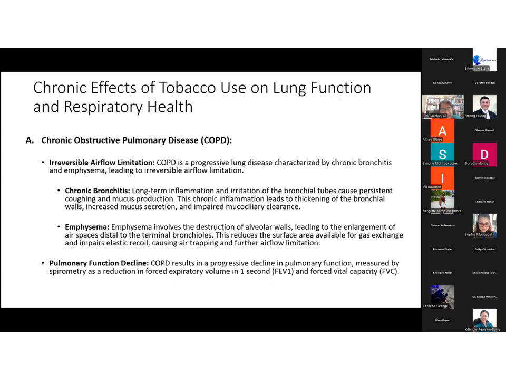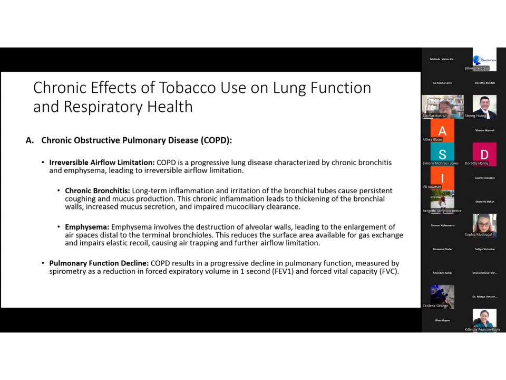Chronic bronchitis is long-term inflammation and irritation of the bronchial trees, causing persistent coughing and mucus production. This chronic inflammation leads to thickening of the bronchial walls, increased mucus secretion, and impaired mucociliary clearance. Emphysema, on the other hand, involves the destruction of alveolar walls, leading to the enlargement of air spaces distal to the terminal bronchioles.